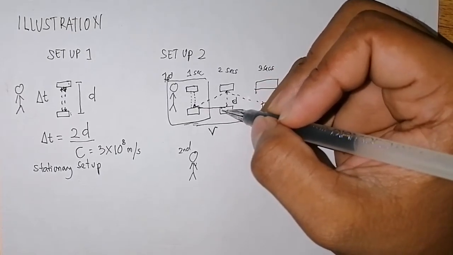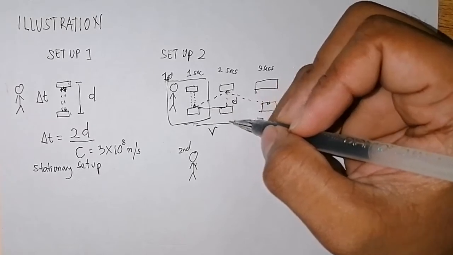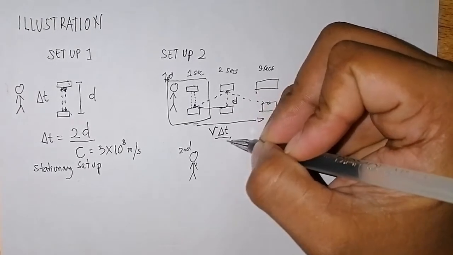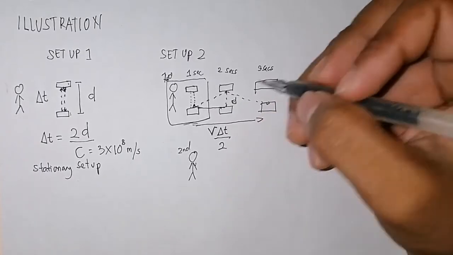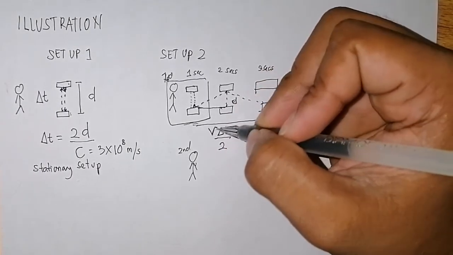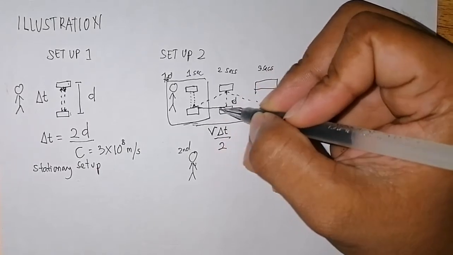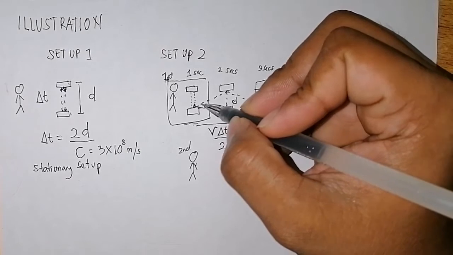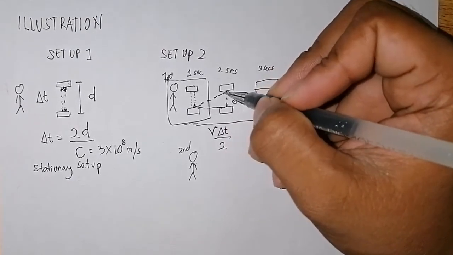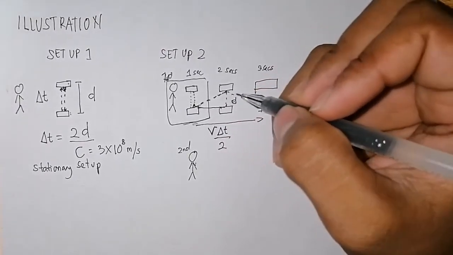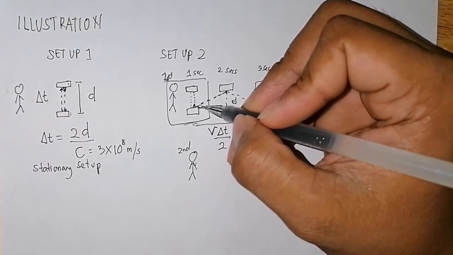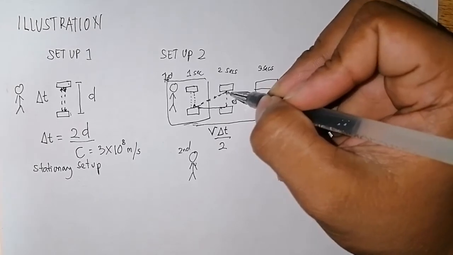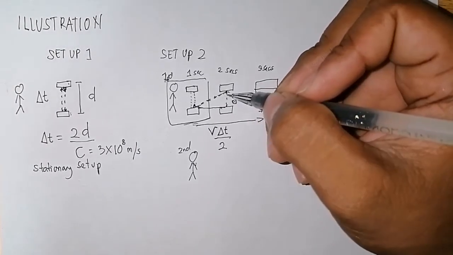And also, what is the time difference? We have delta t over 2. So this is the equation for this part here. On the second part, the diagonal movement, the thing that moves along this line is the photon, and the photon is traveling at the speed of light.